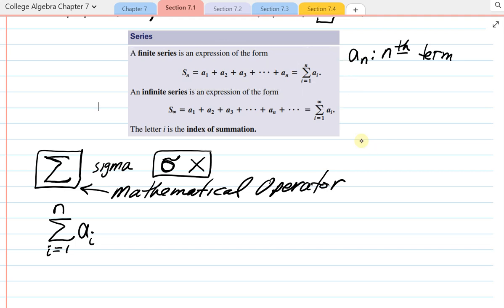Now, every sigma operator has, first of all, an index. Now we use i, some books use j, sometimes it's k. That letter is a dummy letter. It could be i, j, k, l, m, n, o, p, whatever.